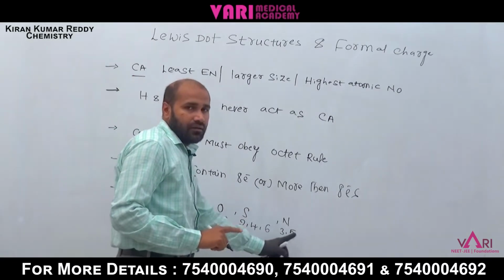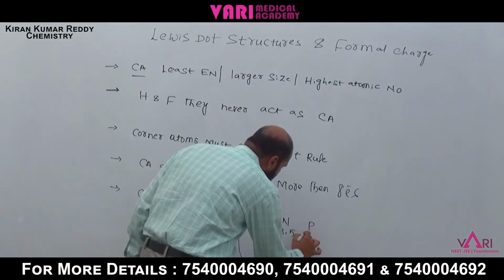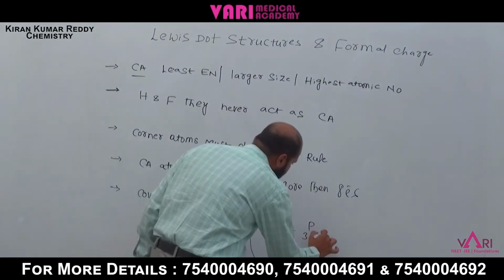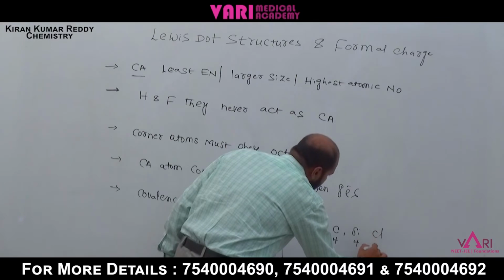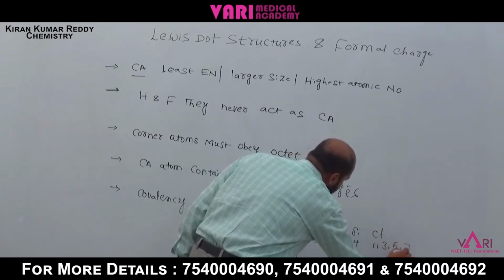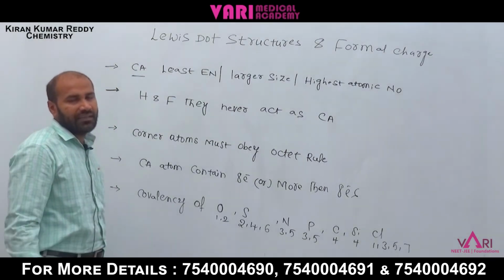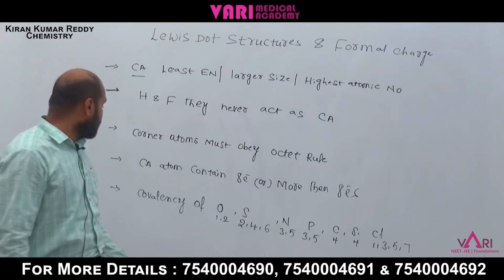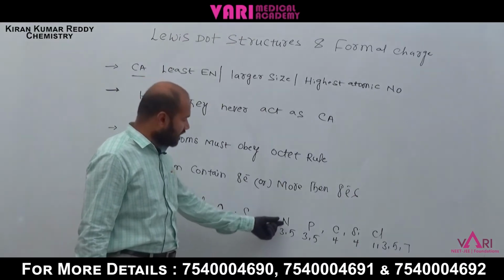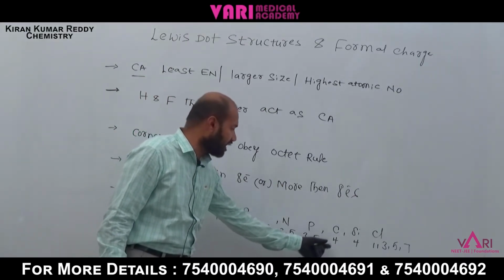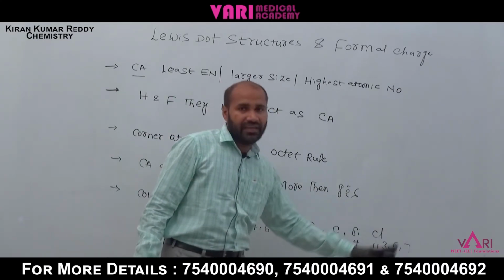Phosphorus also shows 3, 5. Next carbon 4, silicon 4, chlorine 1, 3, 5, 7. Covalency means the number of bonds around the atom.